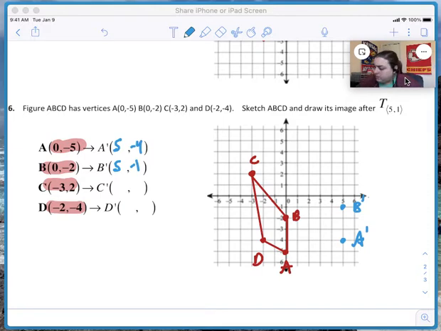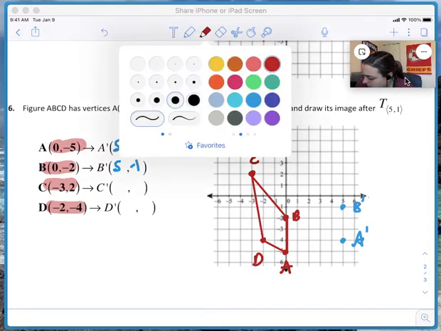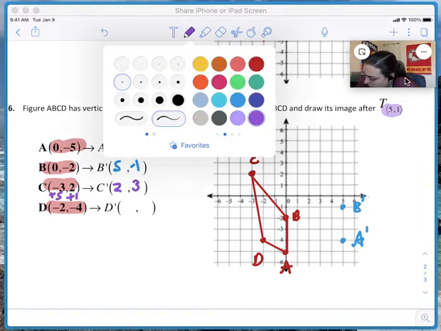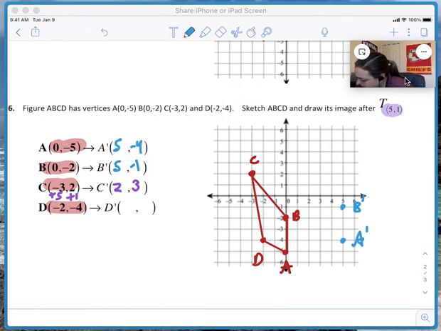Or you can use our method that we used above. Okay, which is here, I'm going to take negative 3 plus 5 and 2 plus 1. Negative 3 plus 5 is 2. 2 plus 1 is 3. So then I'm going to go plot 2, 3.